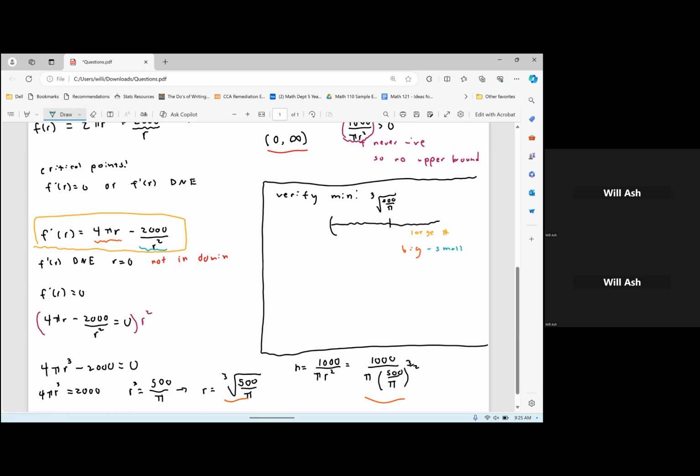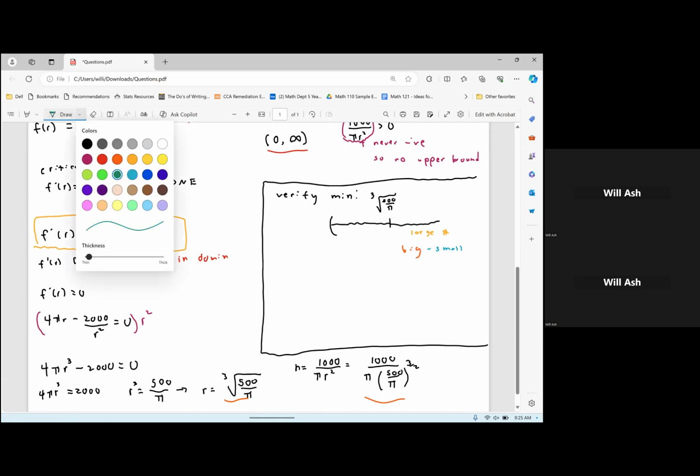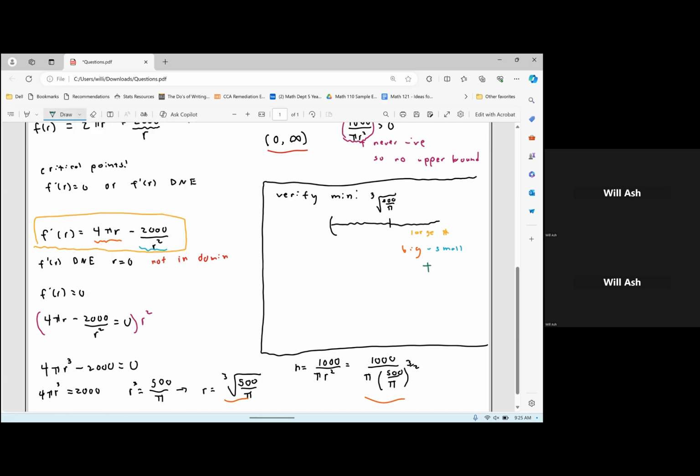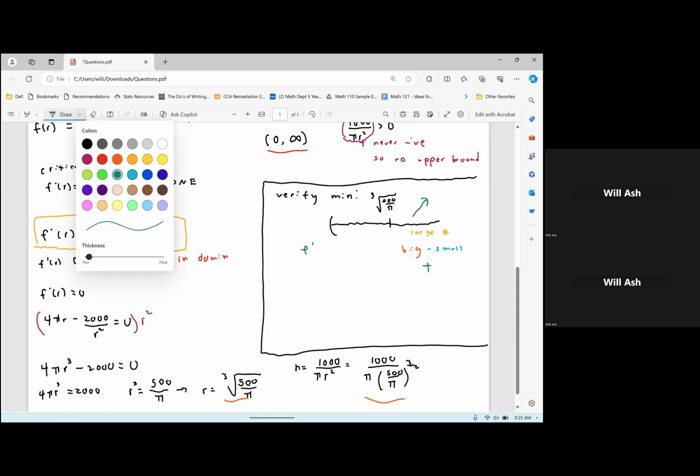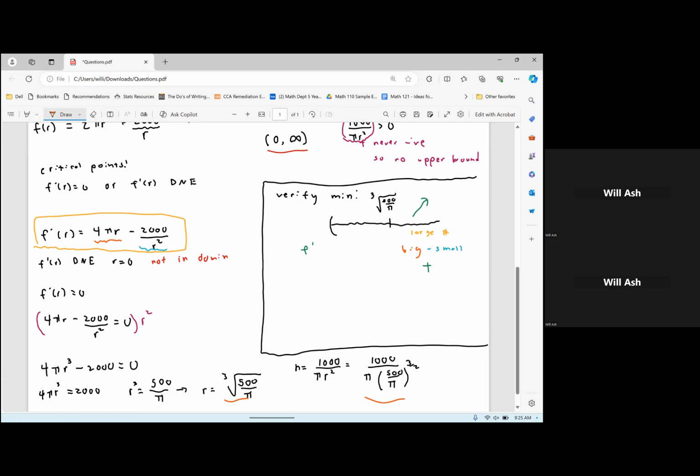And if I take a big number minus a small number, I get something positive, right? And if my derivative is positive, my function must be increasing. And now when I have a really small number, r squared is going to be very small.